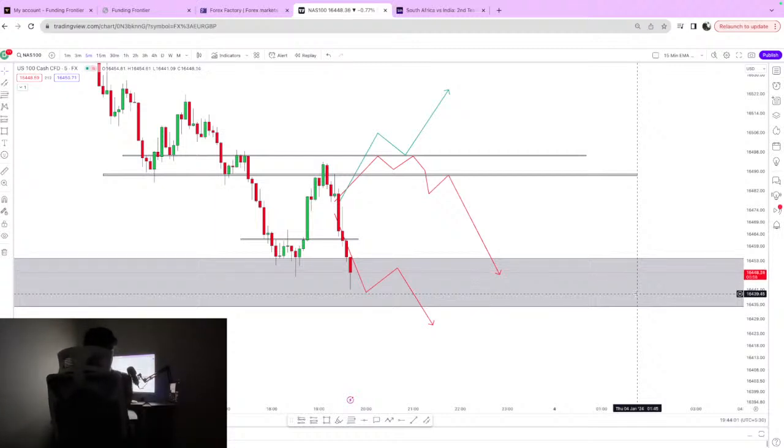It may rise, it may fall, not pretty clear. So unless you have 100% confirmation, stay away from the market. Although it's a nice sell trade also right now. There's something called an N pattern and it is happening this time. But the same thing, not 100% sure, stay away.